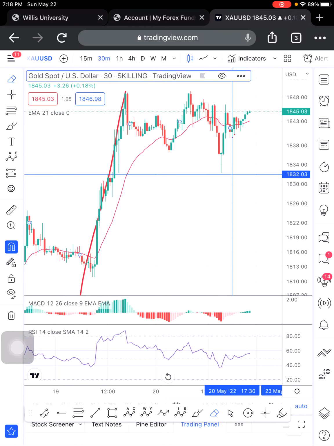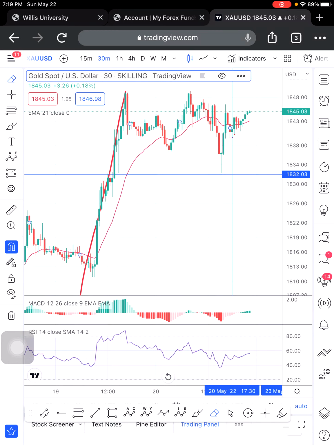Then you go to the 15-minute time frame and look for a bearish pattern. Then the RSI is above line 50. With this, your trade will always go in its direction.